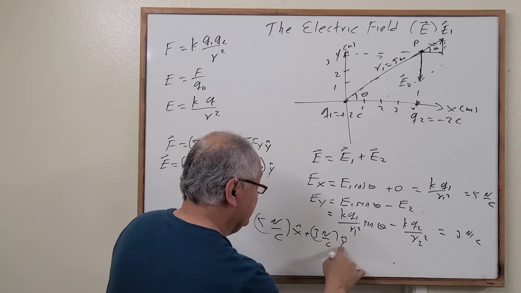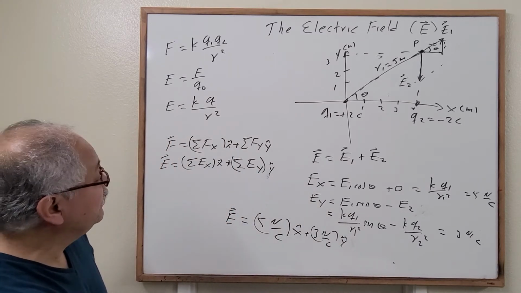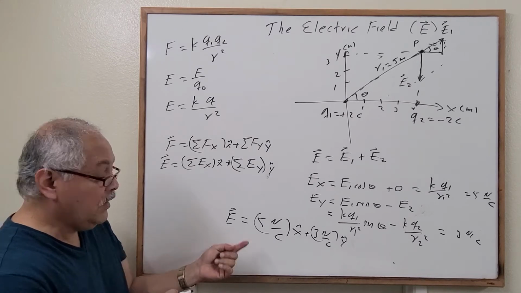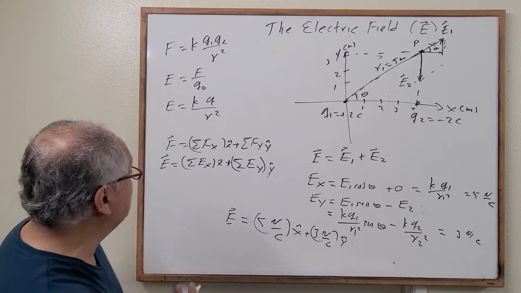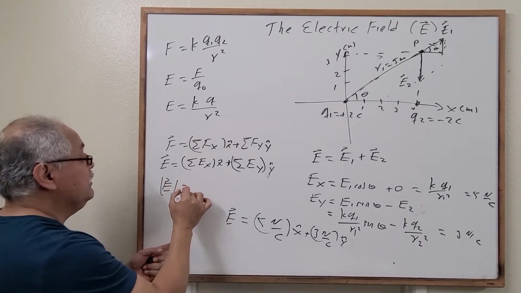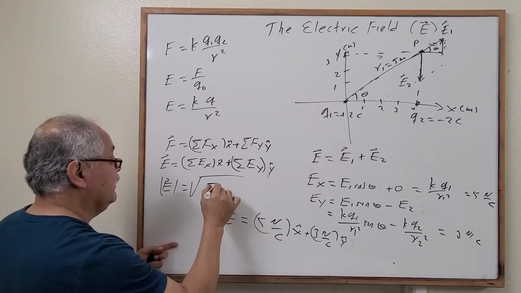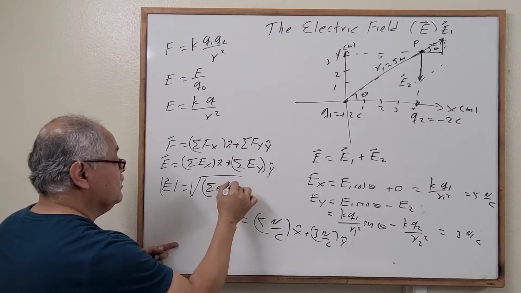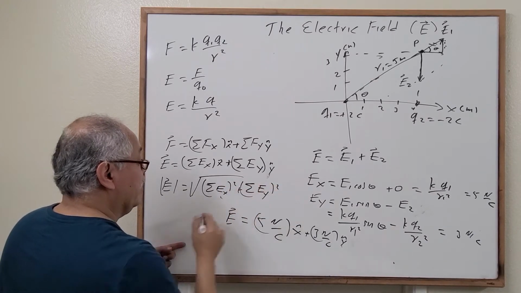Y hat. And this is the vector representation for the electric field. Also, later we can find the magnitude. Remember, when we have a vector, the magnitude is equal to the square root of this component squared plus this component in the y direction squared.